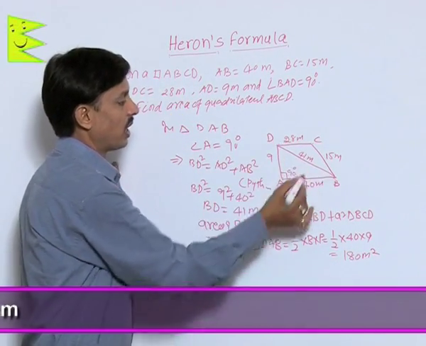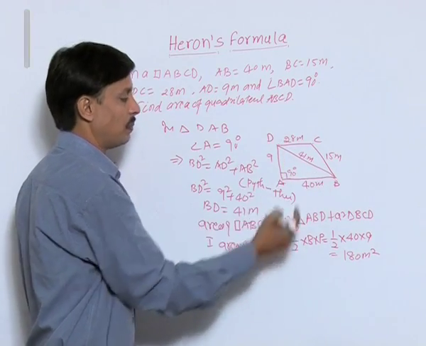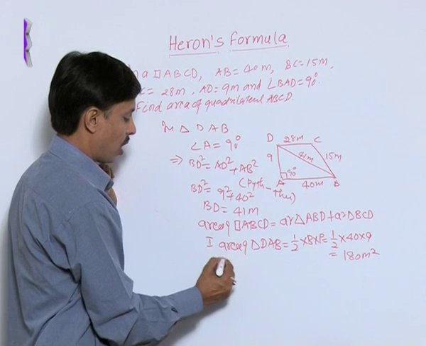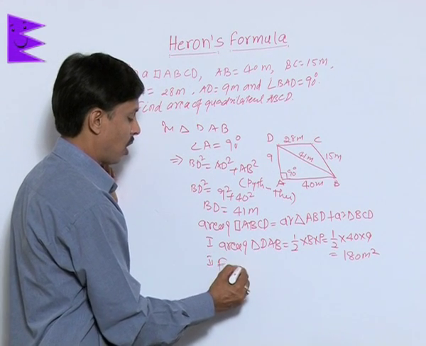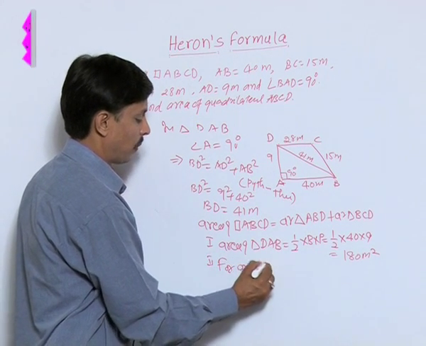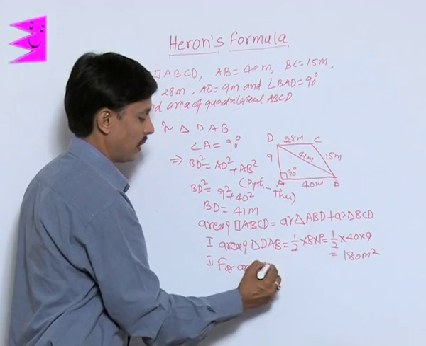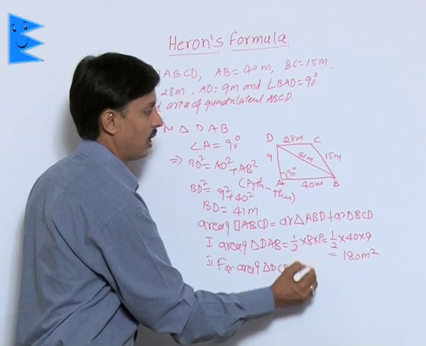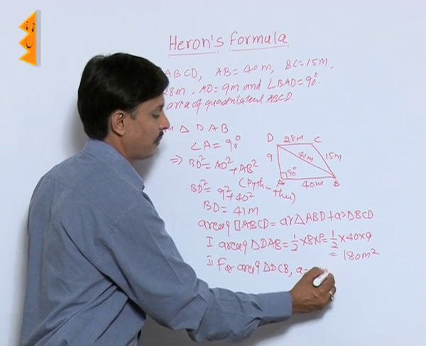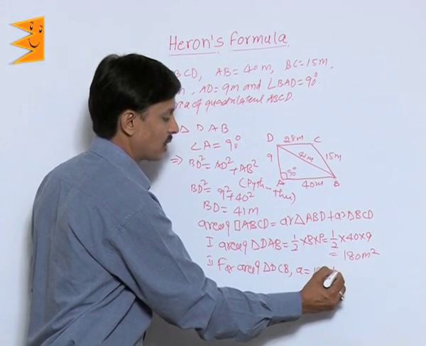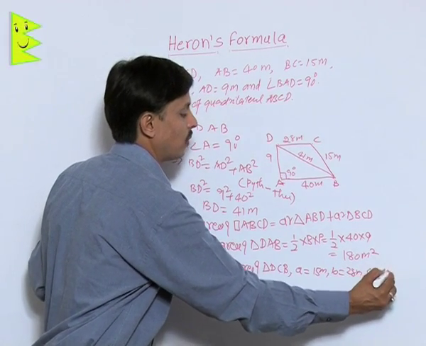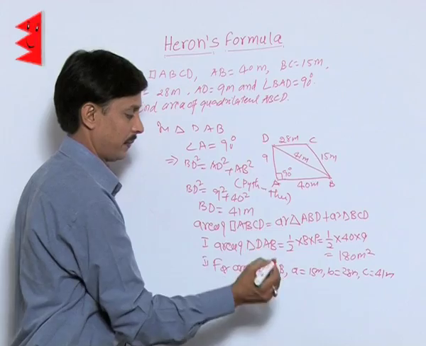Now to calculate the area of the triangle DCB, we are bound to apply Heron's formula. For triangle DCB, we can take side A as 15 meter, side B as 28 meter, C is 41 meter, as calculated.